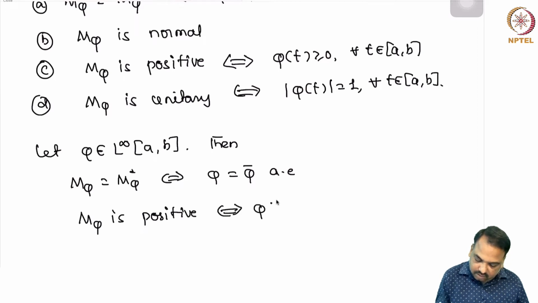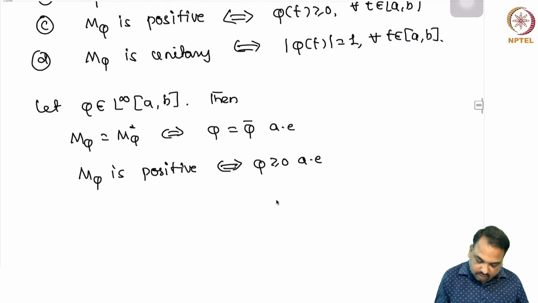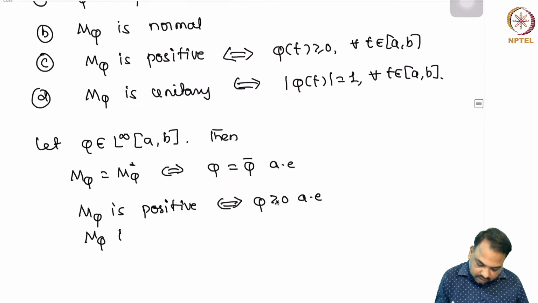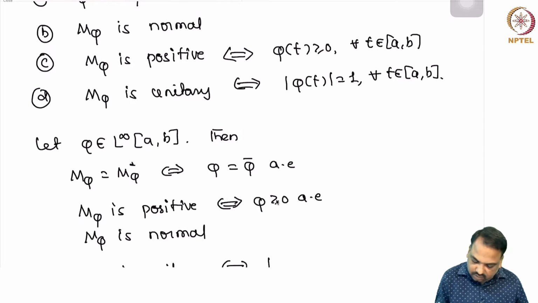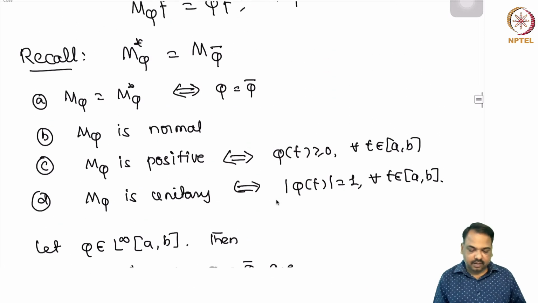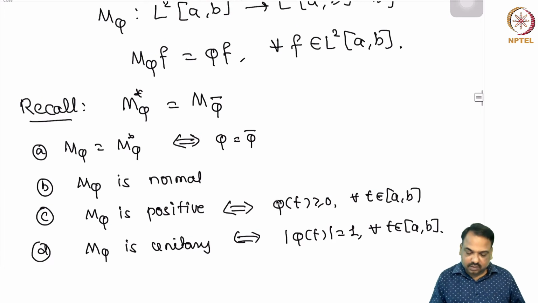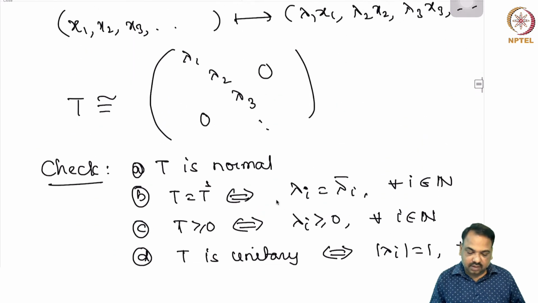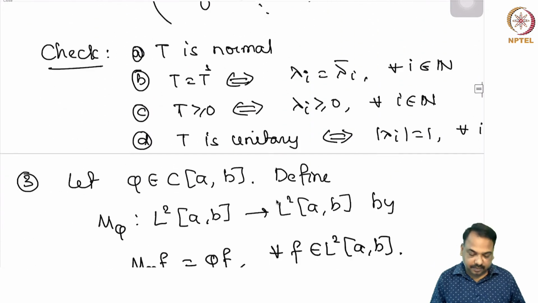M phi is always normal, and M phi is unitary if and only if mod phi of t equal to 1 for almost all t. Okay, so this is a generalization of the earlier operator defined on the sequence space.